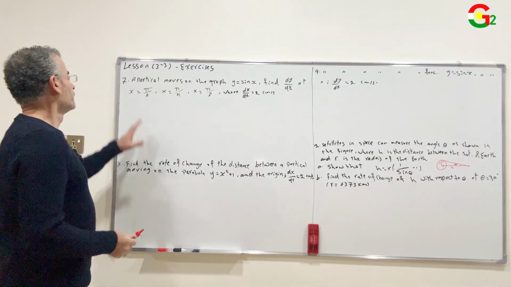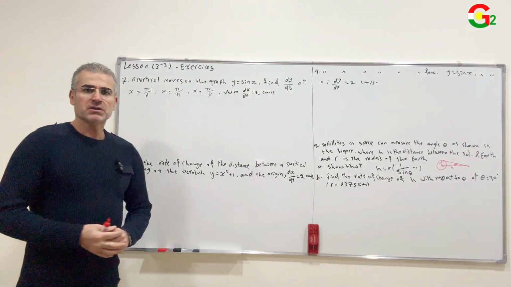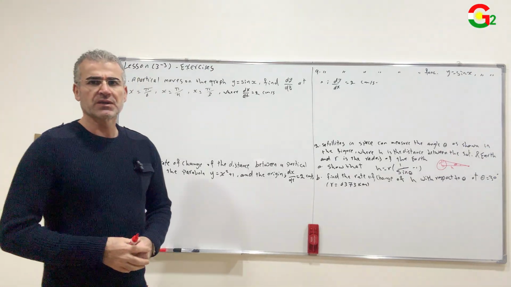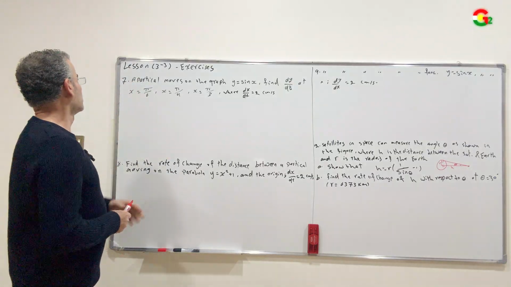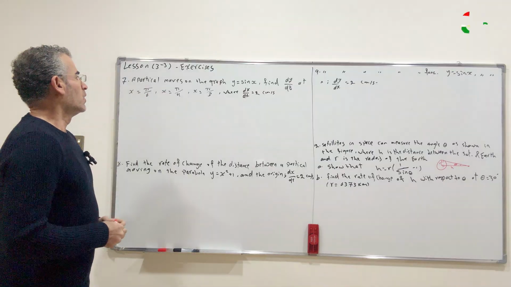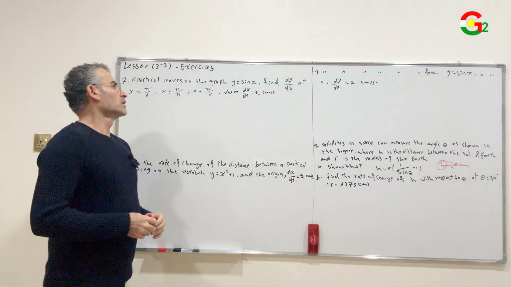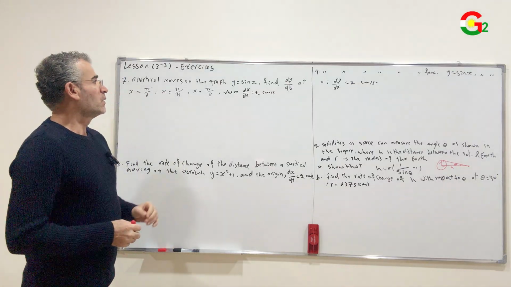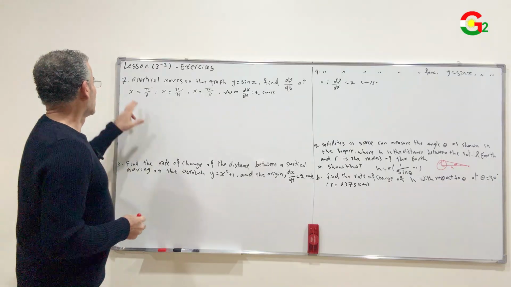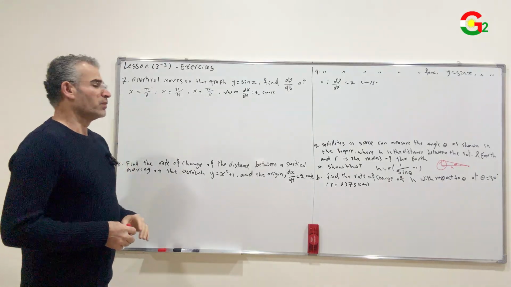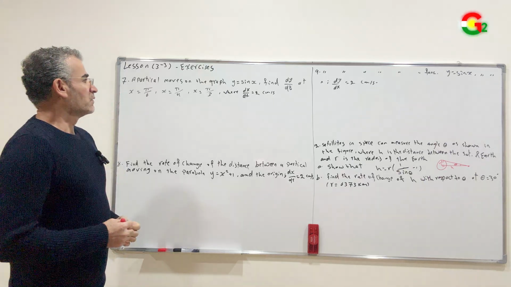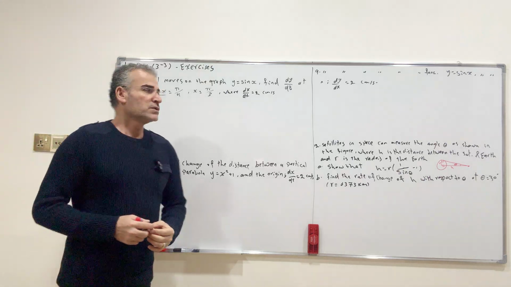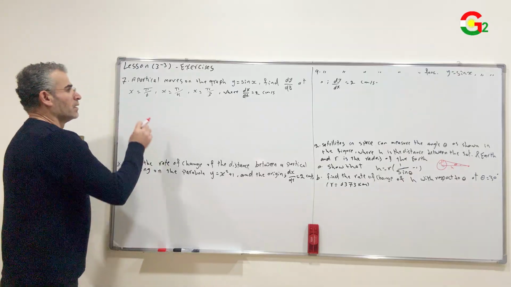Number 7. I skipped those solved in the previous question because they are repeated. Question number 7. A particle moves on the graph y equals sine x. Find dy over dt at x equals pi over 6, x equals pi over 4, and x equals pi over 3, where dx over dt equals 2 centimeters per second.